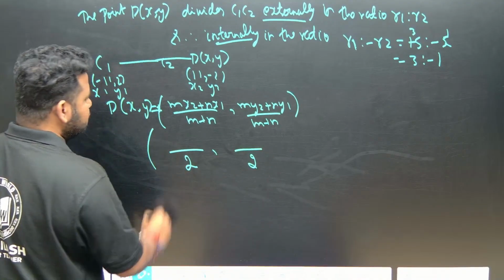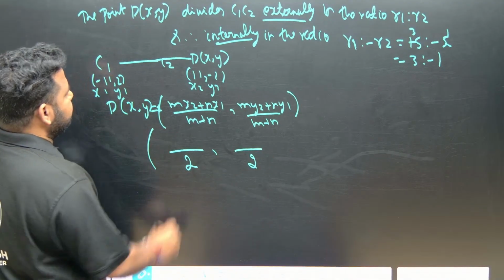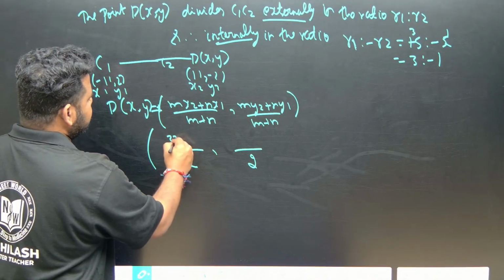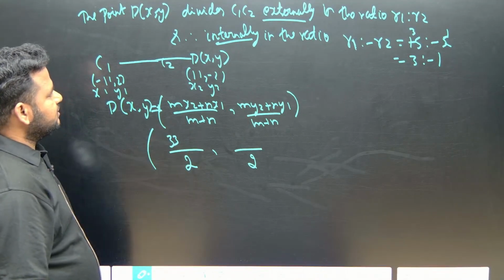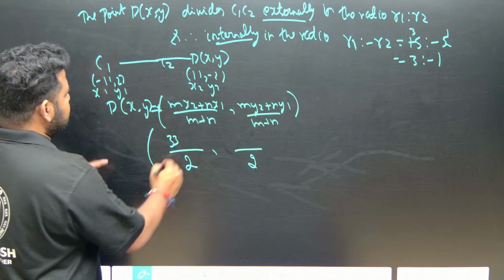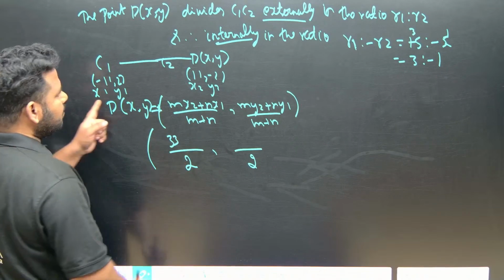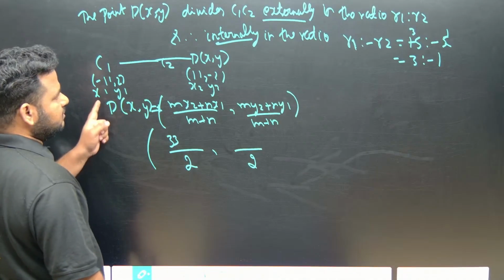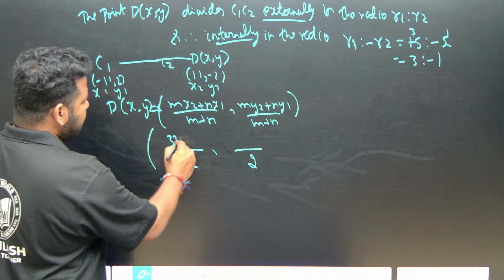First, m into x2 is 3 into 11, which is 33. n into x1 is minus 1 into minus 11, minus into minus is plus, so plus 11.